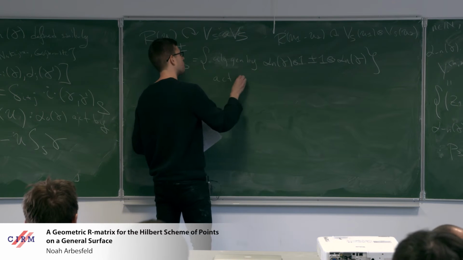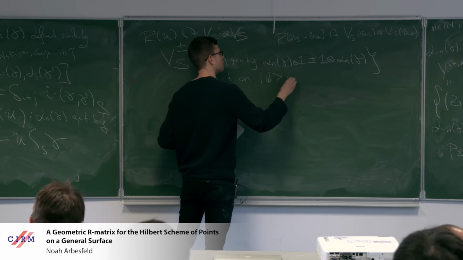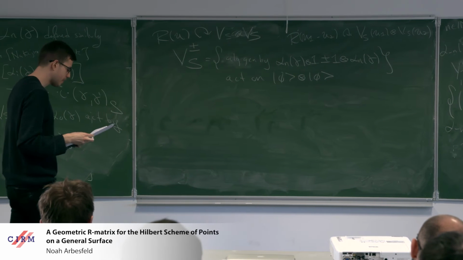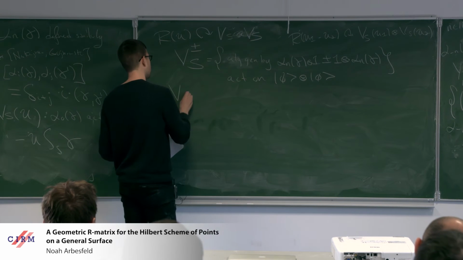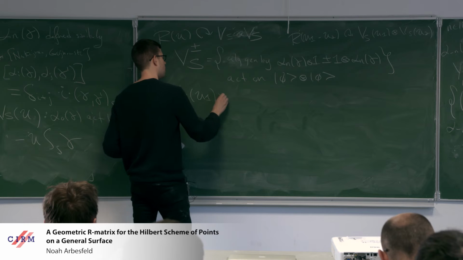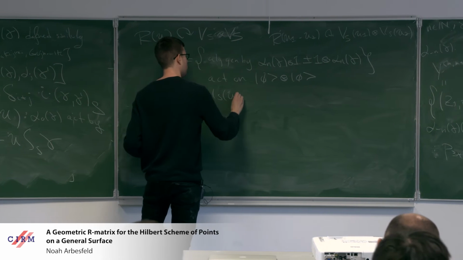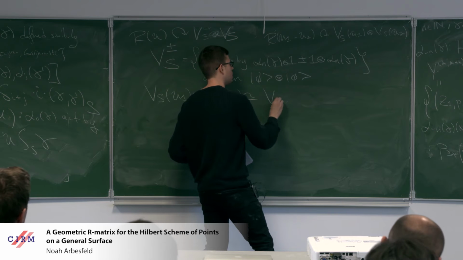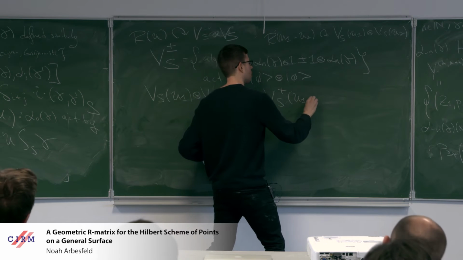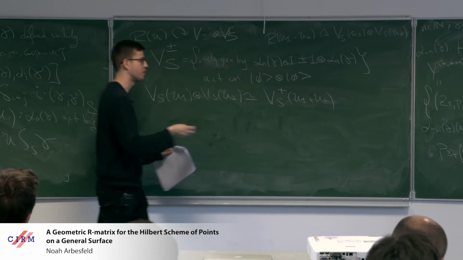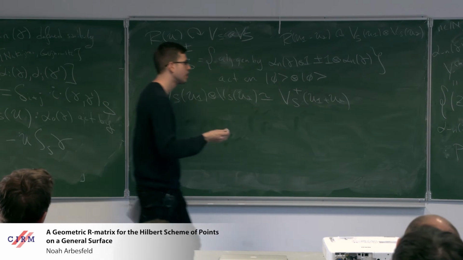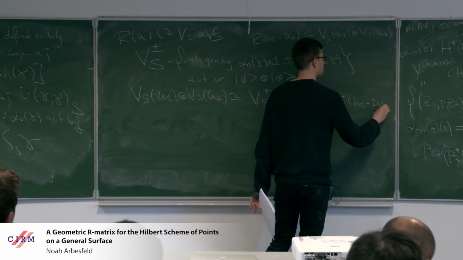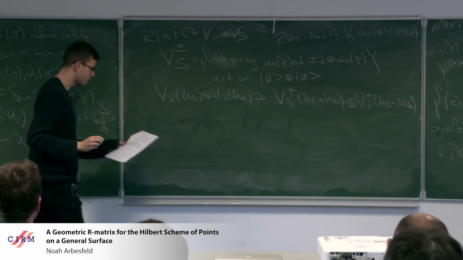And I want to take this and act on the vacuum vector in the tensor product. And so then I can rewrite this tensor product as a tensor product of this positive part, where now the 0 modes act by u1 plus u2, and on the other factor, they act by u1 minus u2.